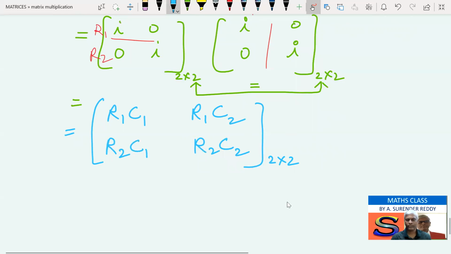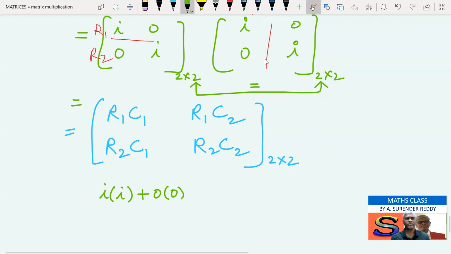Now multiply [I, 0] with [I, 0] elements. First element with first: I into I plus 0 into 0. This is R1 C1.